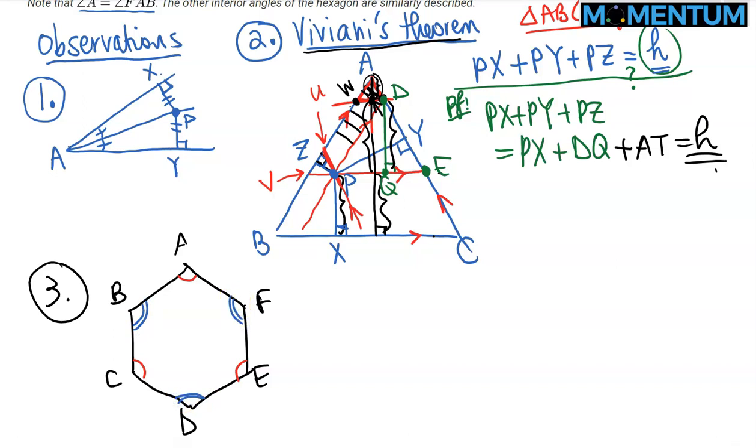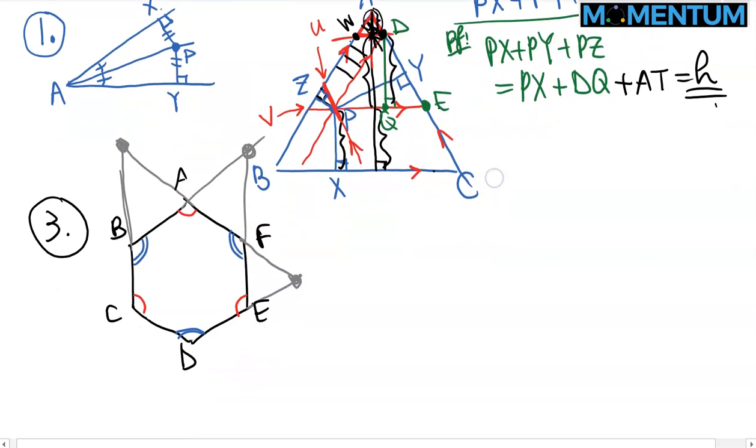Now, the trick is the following, so we can think about that. We can just go ahead and extend the 6 sides of this hexagon, and as a result, we will get a star shape. Well, the Star of David in this case. So we have this, that, and lastly this.